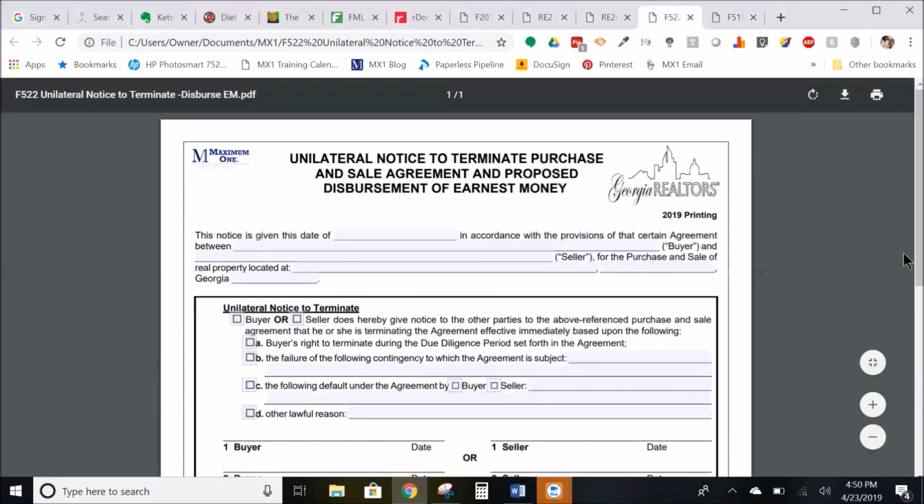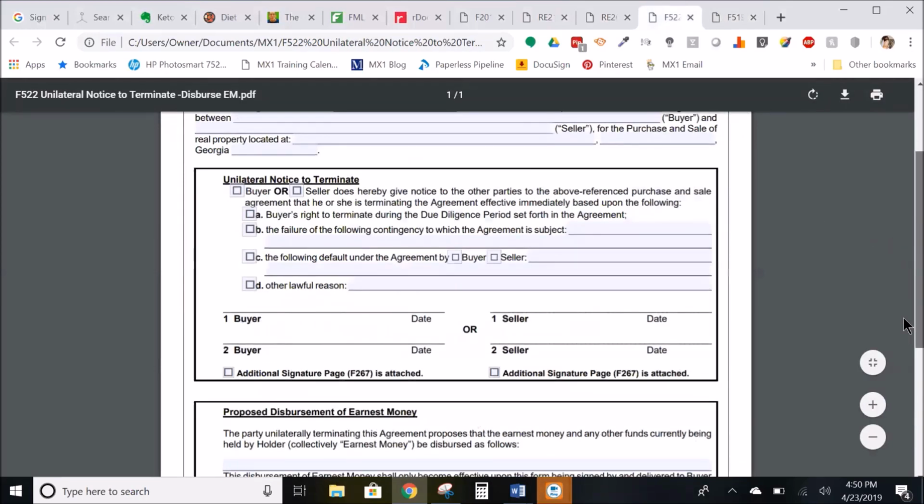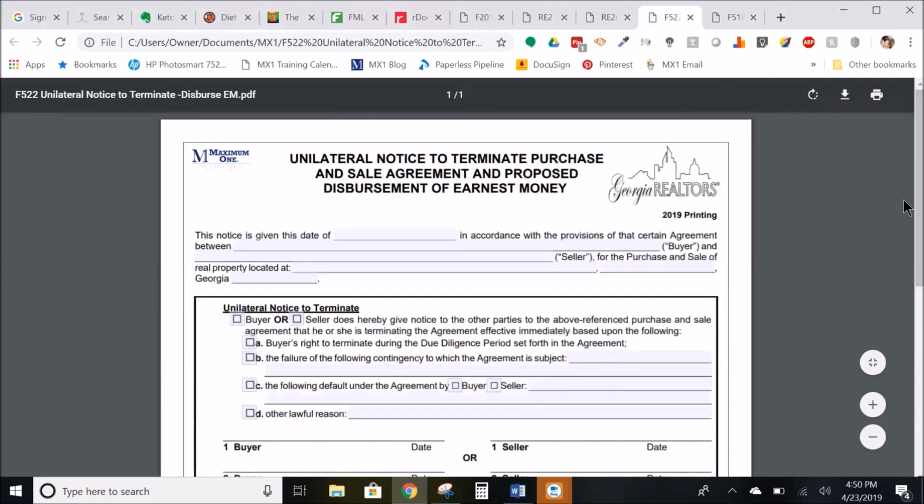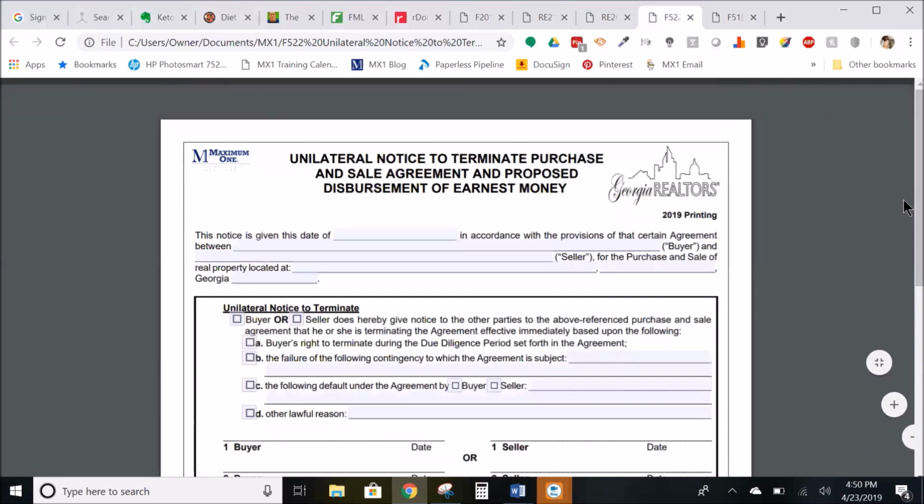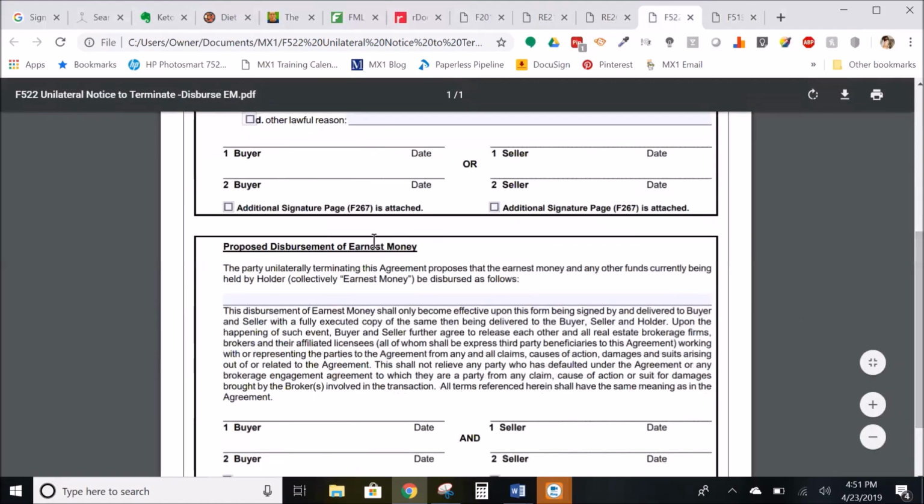Now, I will let you know also, if, for example, a buyer terminates a contract within their due diligence period, or for whatever reason, and the buyer has not yet been contractually obligated to remit the earnest money, you still must address the proposed disbursement of earnest money in the release section.